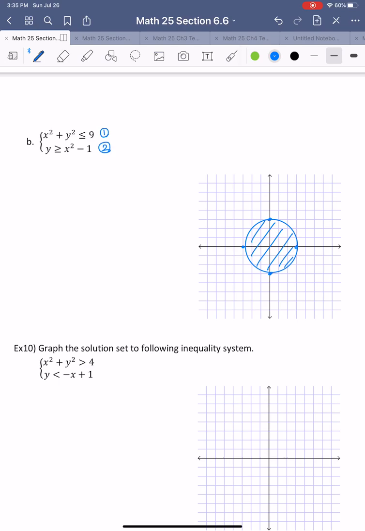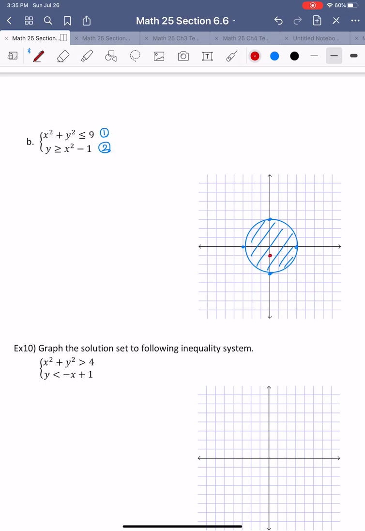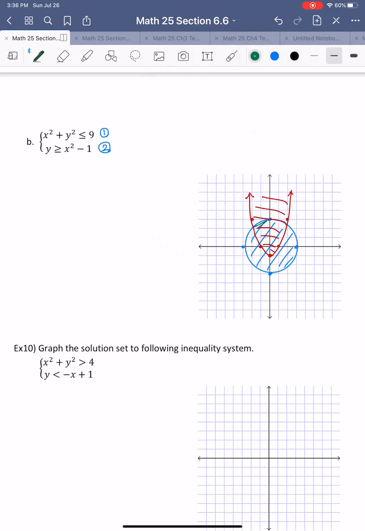Inequality 2 was a parabola, where we grabbed the points negative 1, 0, 1, 0, and 2, 3. This is solid. And 0, 0 works, so you shade the inside, but the solution set will be the region between the shading of the red and the blue.